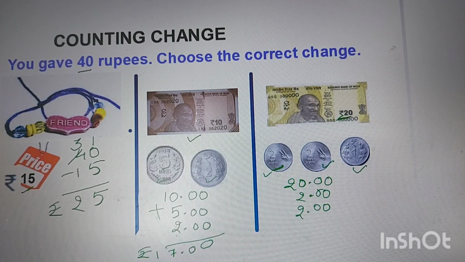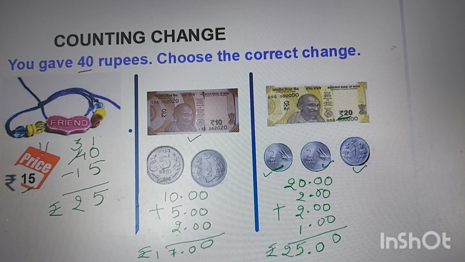Okay, so I can write it as 1.00. Let's add up. So what we have is 0, 0, 2 plus 2, 4 plus 1 is 5 and this is 2. That is rupees 25. So which is the correct option here? That is the third one, second option, right?